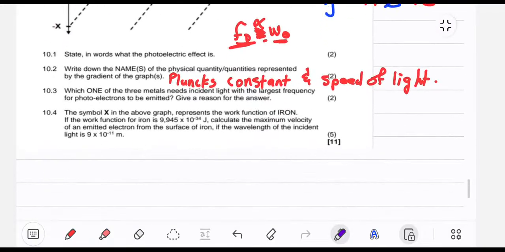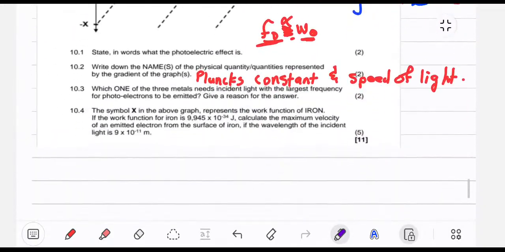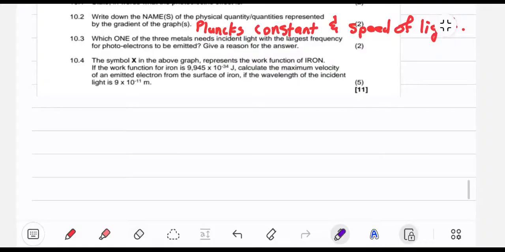I'll take it from there. In the statement, I'm told the work function of iron and the wavelength of light, and I want to know the speed.